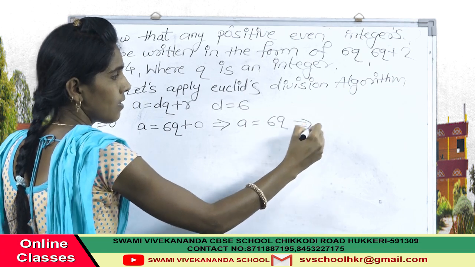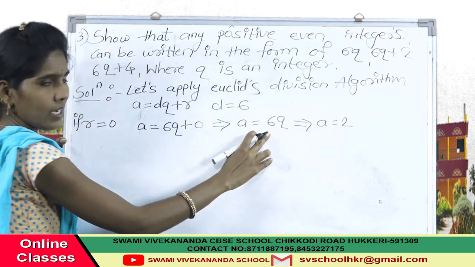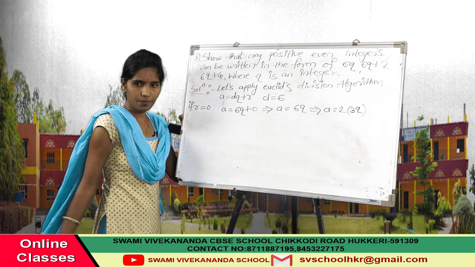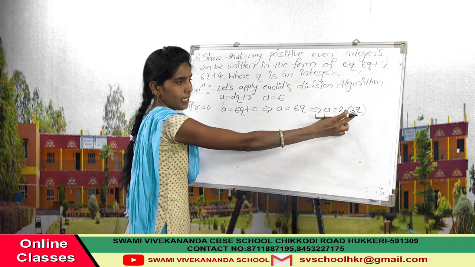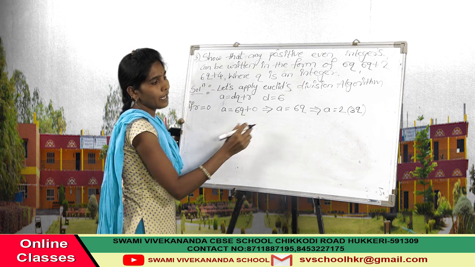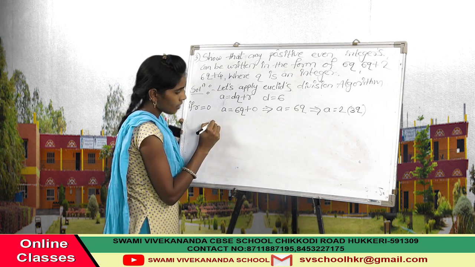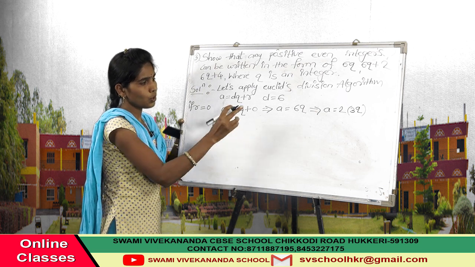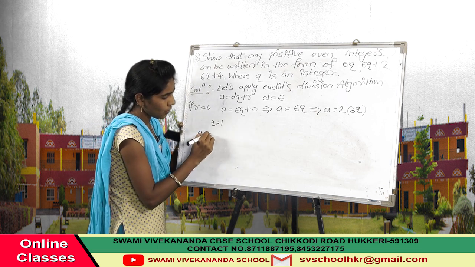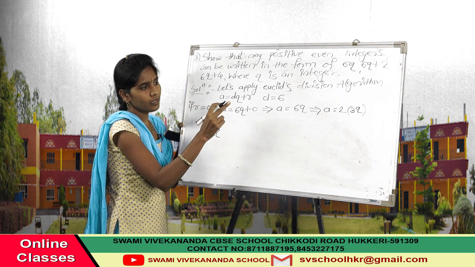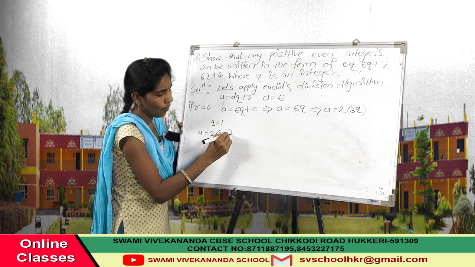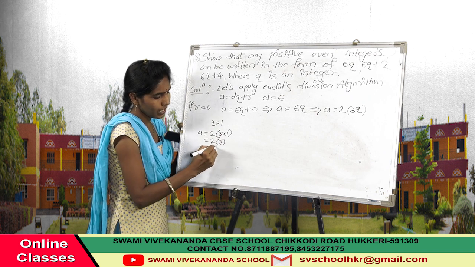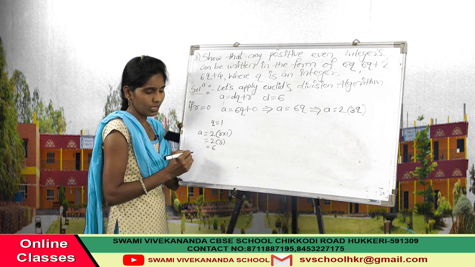We'll take 2 outside, and inside the bracket 3q. Now look here. If we take q is equal to 1, A is equal to 2 into the bracket 3 into 1, which is 3, and 2 into 3 is 6.